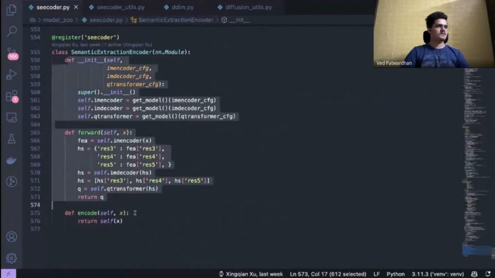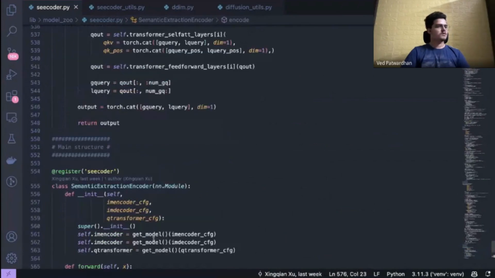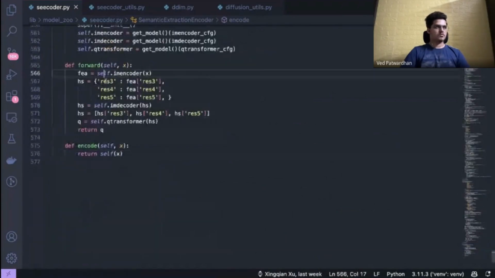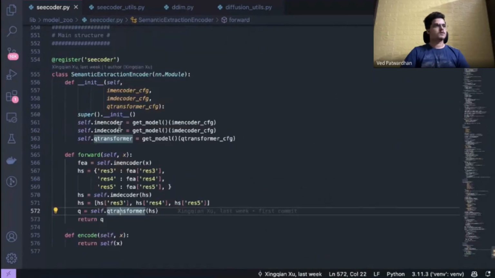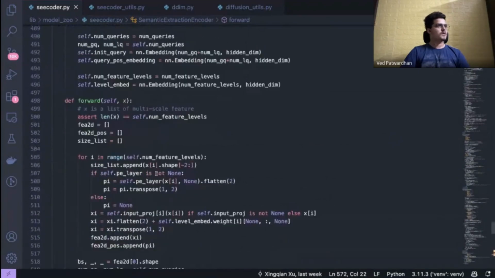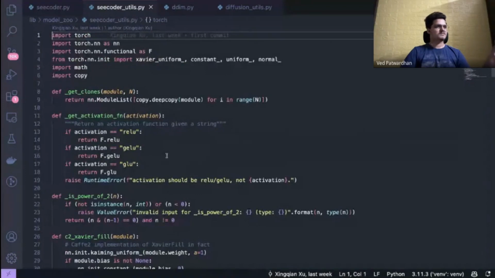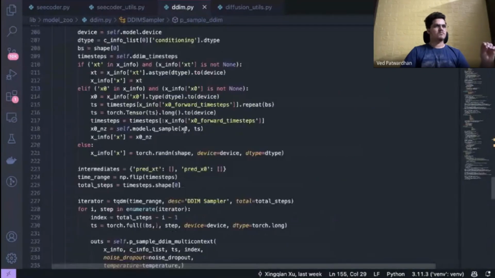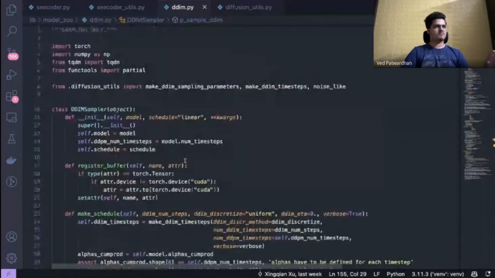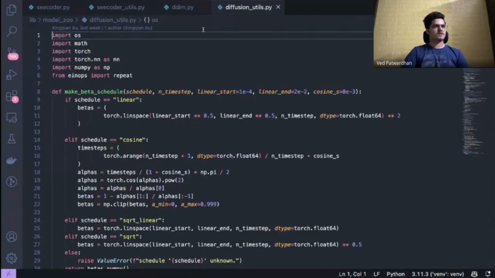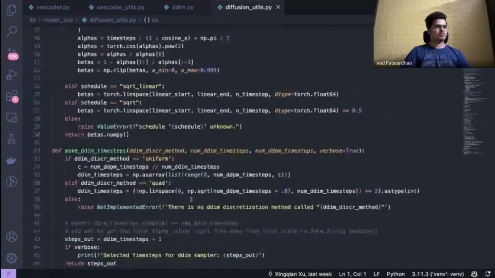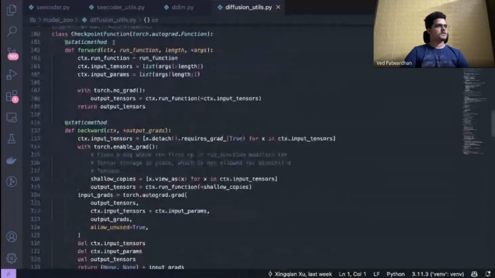And yeah, this is just a high-level representation: you have the encoder, the decoder, and the query transformer. So this is their main contribution. The rest seems to be code which is present in almost every diffusion code base, in terms of the schedules and transformations and stuff like that.